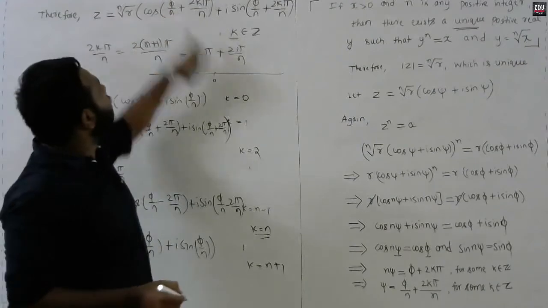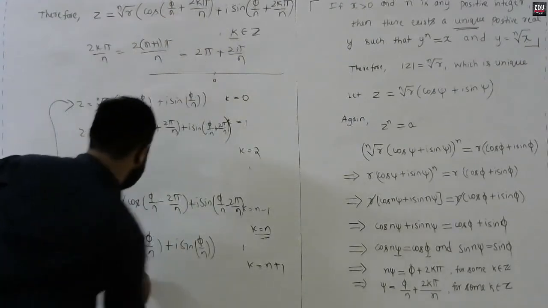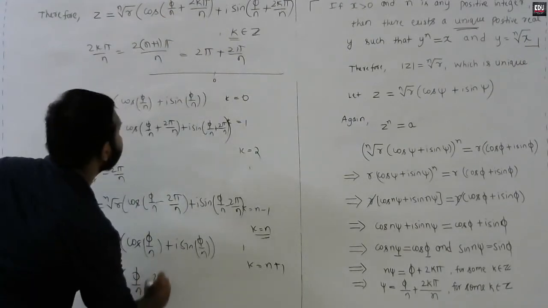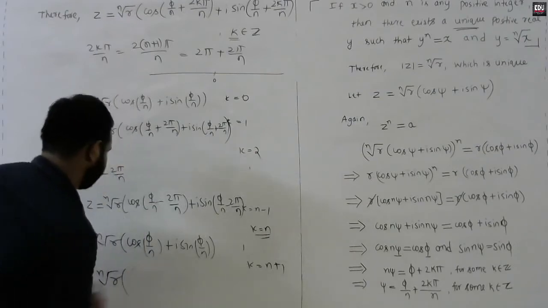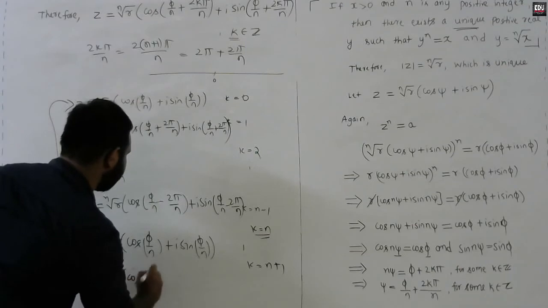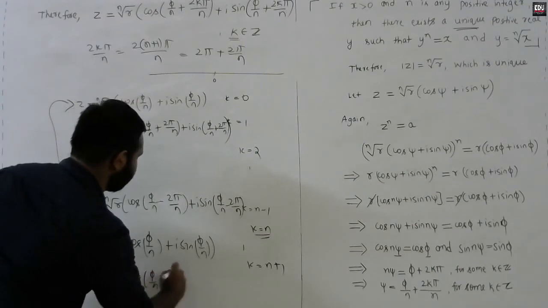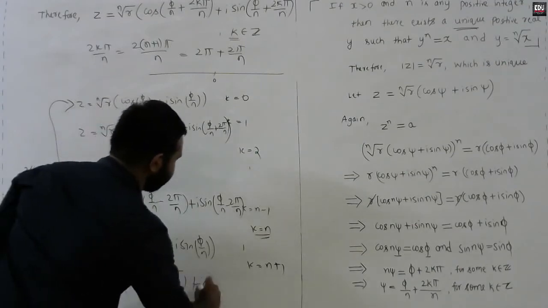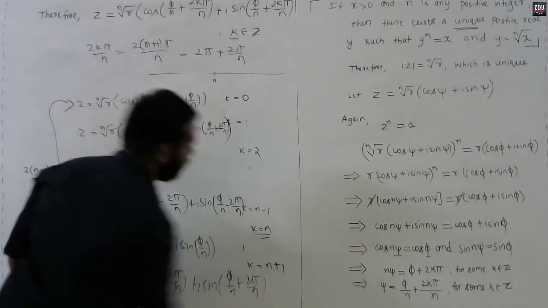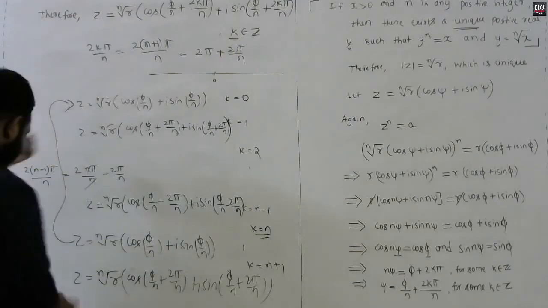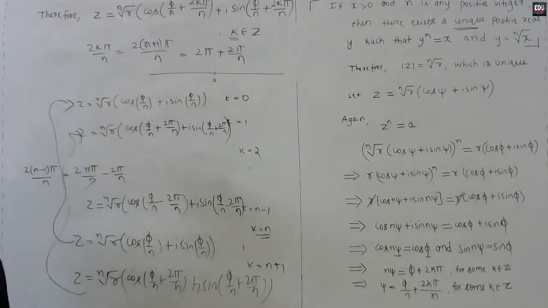So phi by n plus 2 pi, and phi by n plus 2 pi by n will be extra. So this is cos of (phi by n plus 2 pi by n) plus i into sin of (phi by n plus 2 pi by n). And you can observe it is again a repeated value.